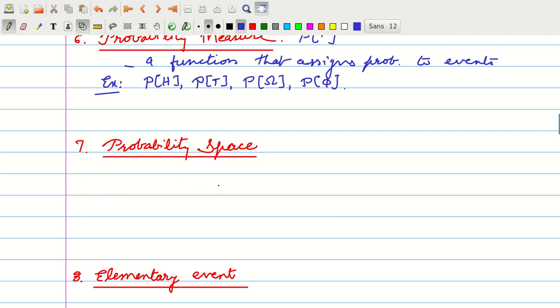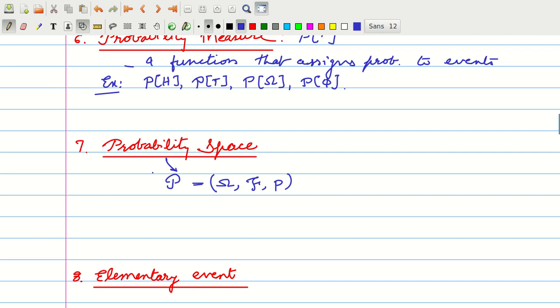So for a random experiment H, we have a sample space which is the set of all possible outcomes, a corresponding sigma field which is the set containing all the events of the random experiment, and a corresponding probability measure P that assigns probability to each element of F. Then these three together, omega, F, P, form a triple which we call the probability space, denoted by script P.